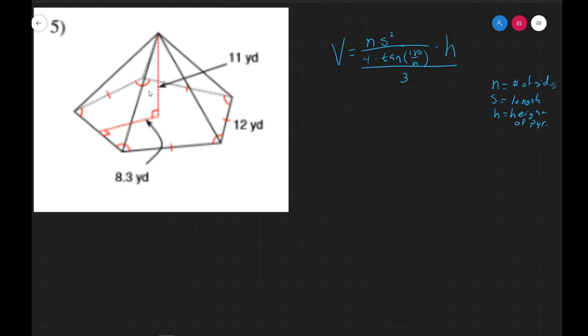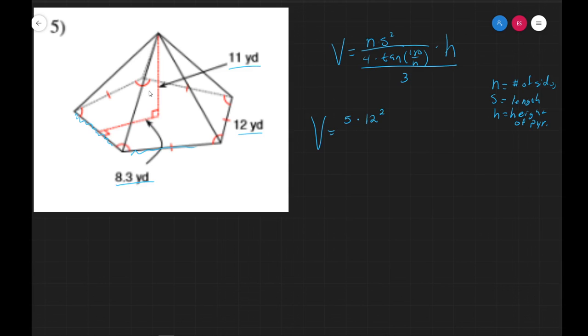So now let's plug things into our equation. V equals n, the number of sides of our base. Our base is a pentagon, it has 5 sides, so n is 5 times the length of each of those sides squared. Which of these describes the length of each side of our pentagon? That is, in this case, 12 yards.